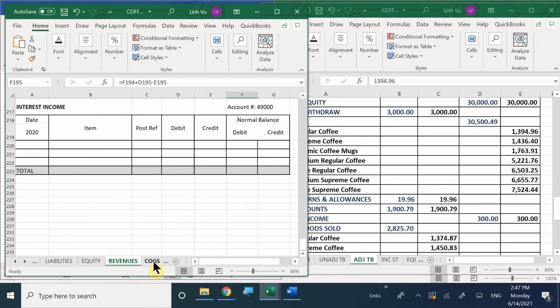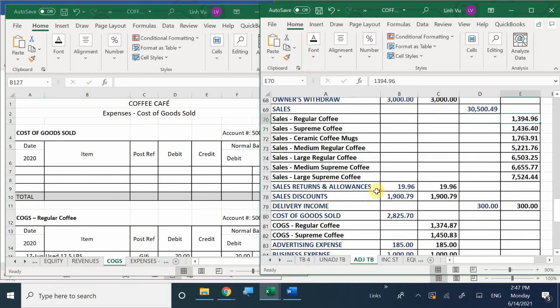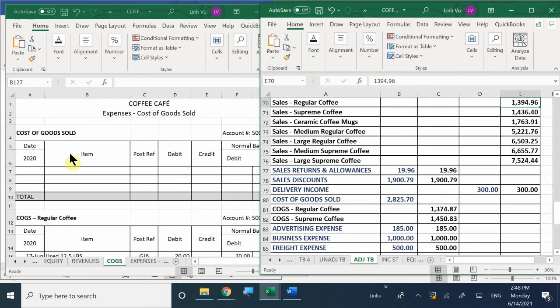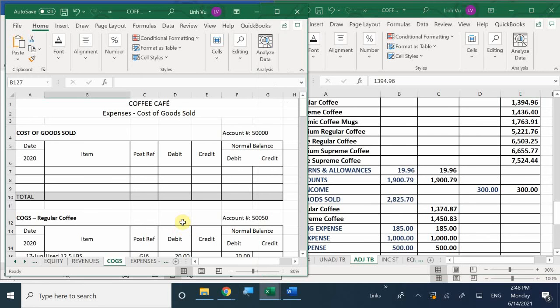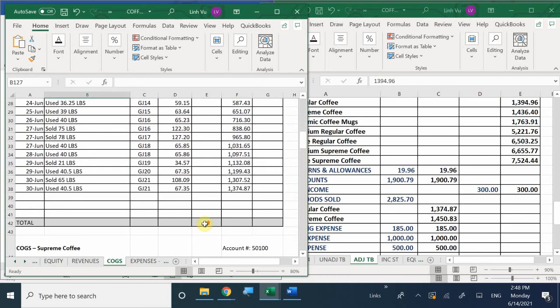So now we could go to our cost of goods sold. Here we did make an adjustment because now we have a new main account, which is my cost of material. But let's just go over my cost of goods sold first. Just to double check, my cost of goods sold for my regular coffee is still $1374.87, right?